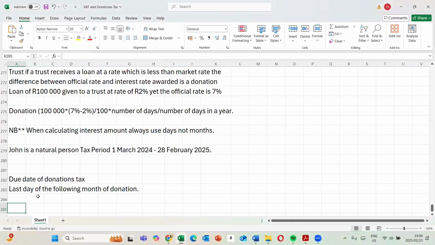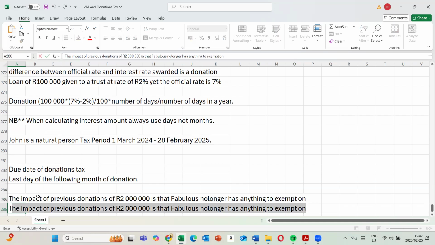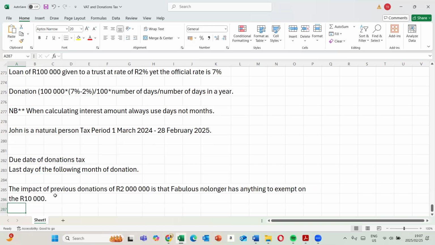So in regards to this, the reason they're telling us about the impact of previous donations of 2 million is that Fabulous no longer has anything to utilize on the exempt 10,000. Fabulous has already utilized the 10,000 which you spoke about.